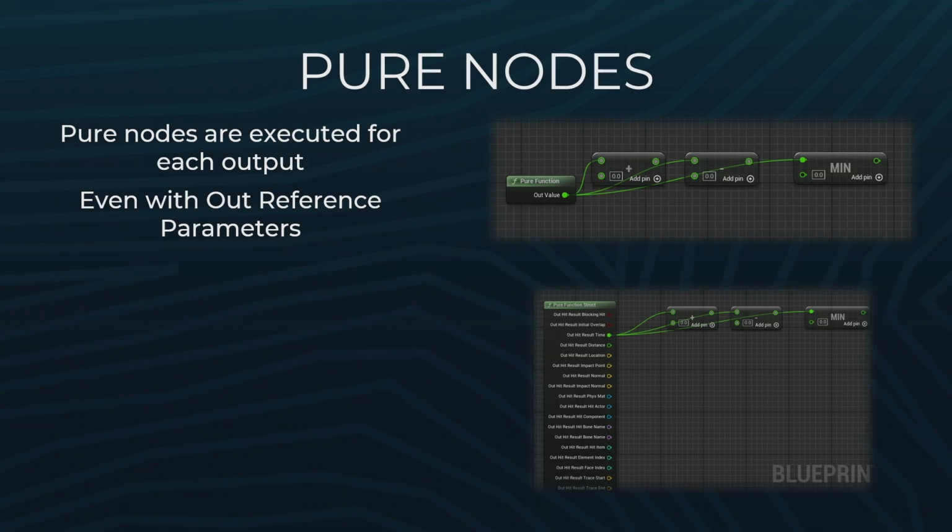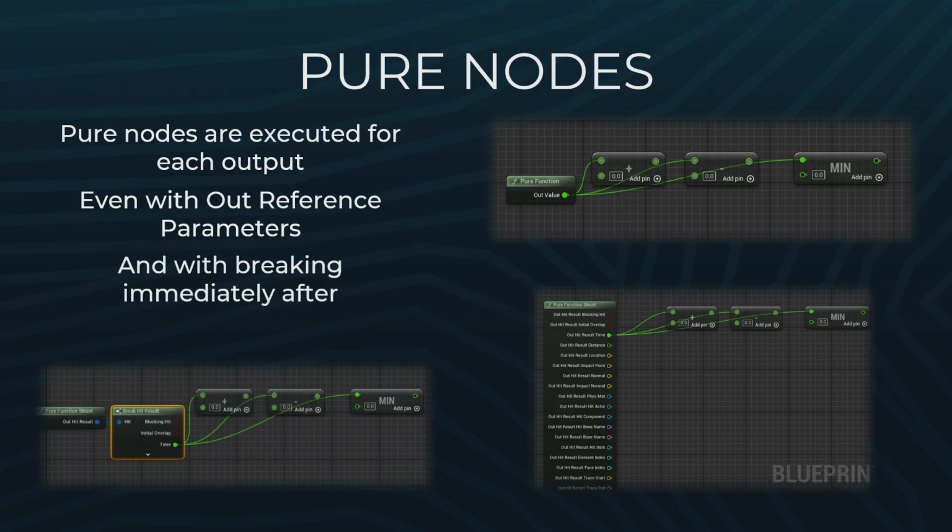If you've got a C++ function with some reference parameters that are all out variables, you're going to see the same thing here. If you've got 1 return value and 2 out references, you drag once off each of them, you're still calling that function 3 times. And if you return a struct instead and break that from there, you're still calling that function 3 times because it's going to evaluate that struct 3 times.